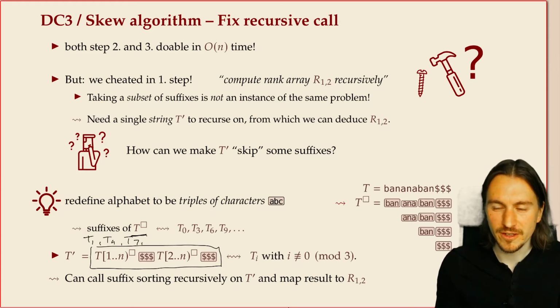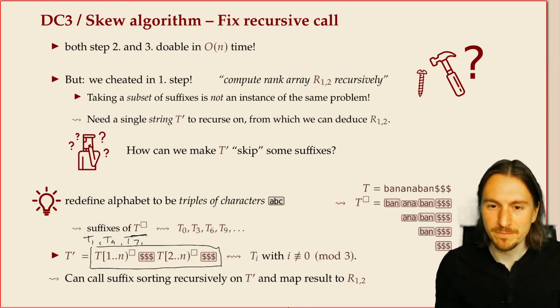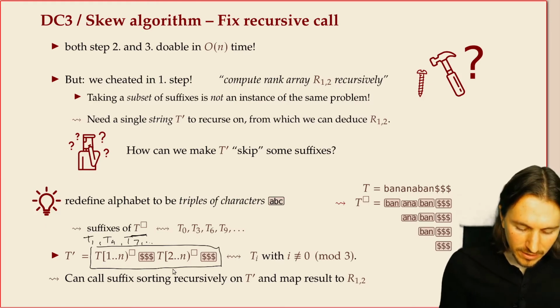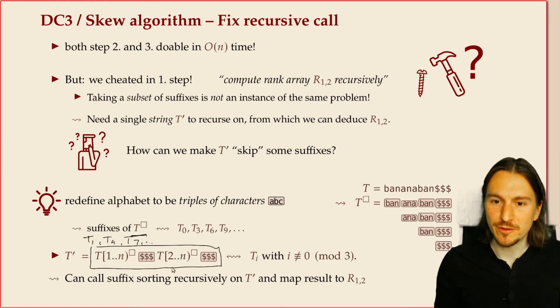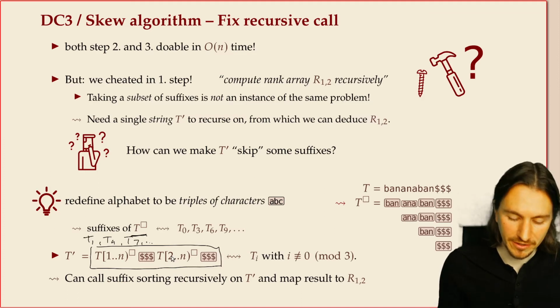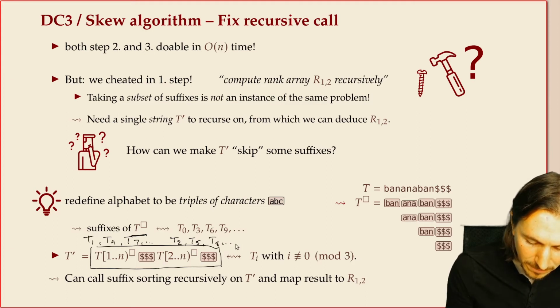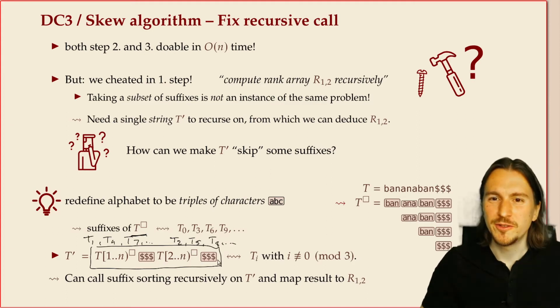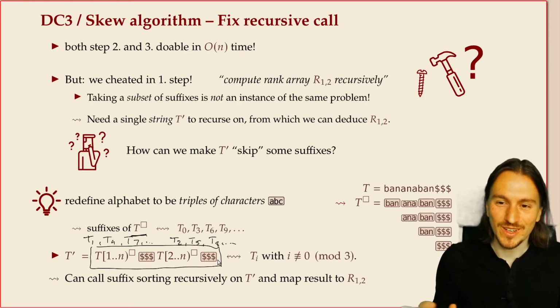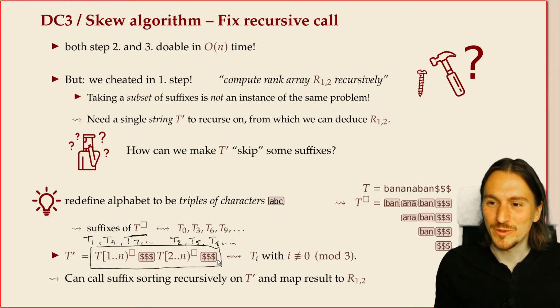All the ones that are 1 modulo 3. And then you append another copy of T where you start with the second character. So from this you get T2, T5, T8, and so on. And you insert $ triples in the middle so that you can separate those two.